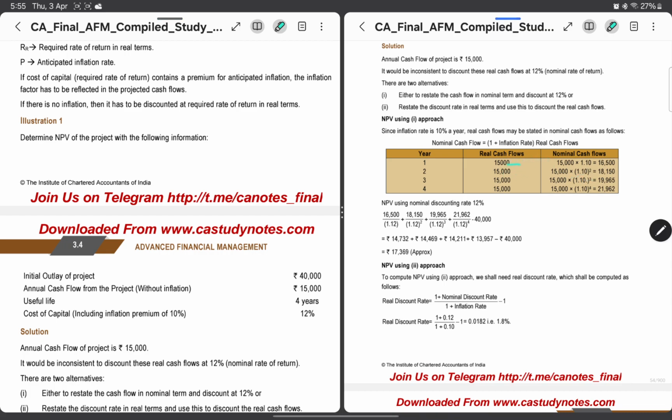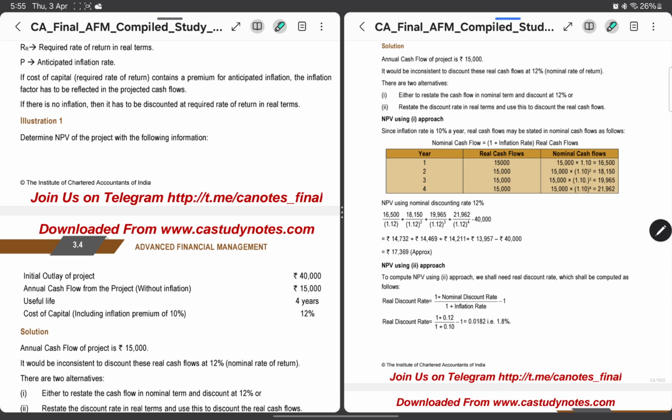For the first year, they've given an inflation premium of 10%. So for the first year we multiply by 10%, or ideally add 10% to 15,000, which comes to 16,500. Then 16,500 into 1.1, or 15,000 into 1.1 squared, which comes to 18,150, then 19,965, then 21,962.